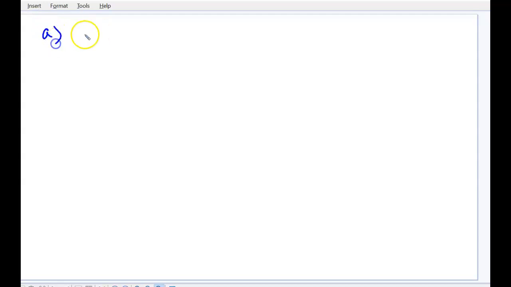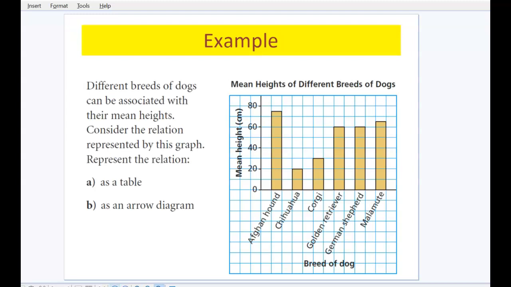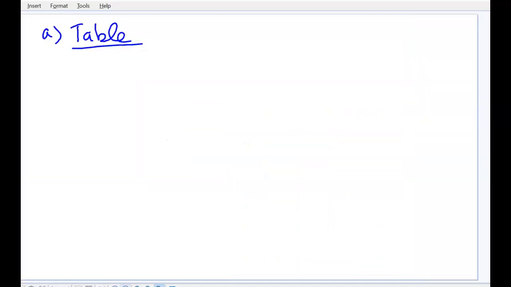So in part A, we'll do it as a table. In our table, we are going to have the breed of dog being our x-axis, so that's going to go on the left side of our table.